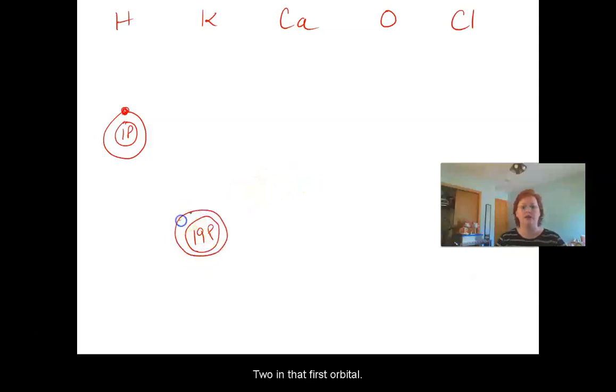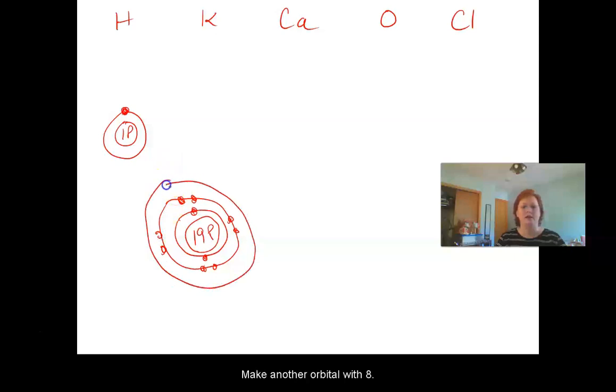So we'll put 2 in that first orbital. We'll fill the second one with 8. So now we're at 10. Make another orbital with 8. So that will get us to 18.